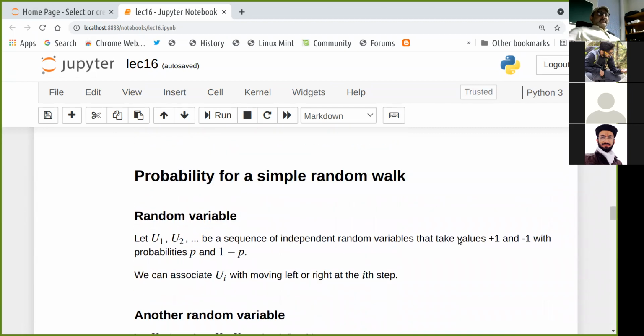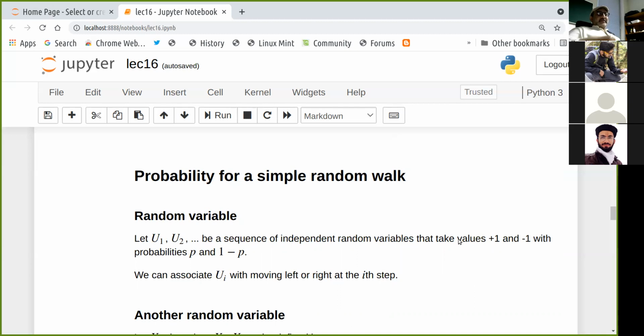Okay, so now let's say we wanted to apply a bit more of the probability that hopefully you remember from your probability course. It's fairly simple. If you don't remember it, this will be a useful review for you. So let's say U1, U2, and so on is a sequence of n independent random variables that take values +1 and -1 with probabilities p and 1 minus p.